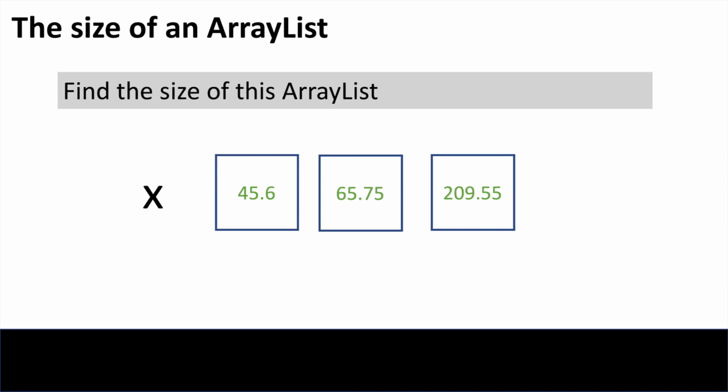Okay, how can we find the size of our array? Remember, in the arrays we used before, we used length. Length is a property that does not have open and close brackets at the end, and gives you the length of your array. In array list, length doesn't work. There is something called size. So x.size, and size here is a method, so it needs those two brackets.